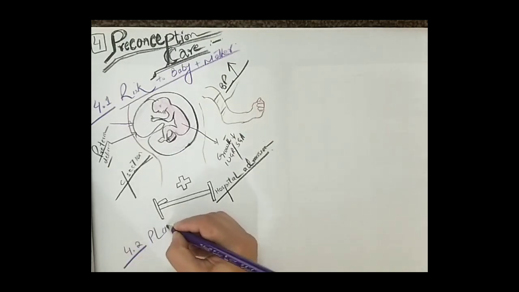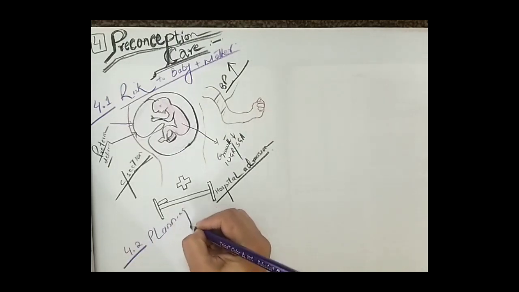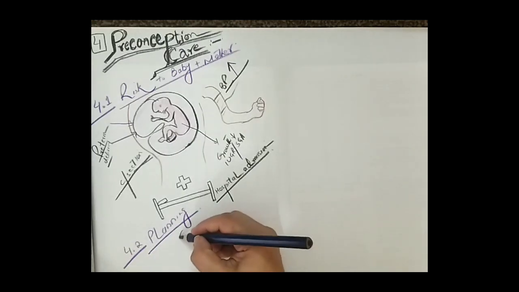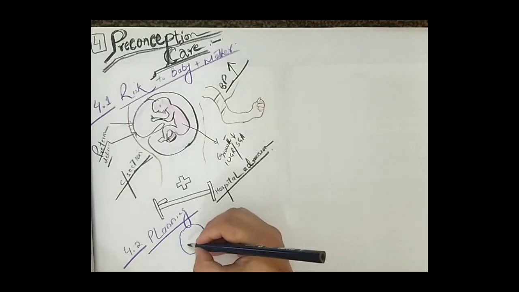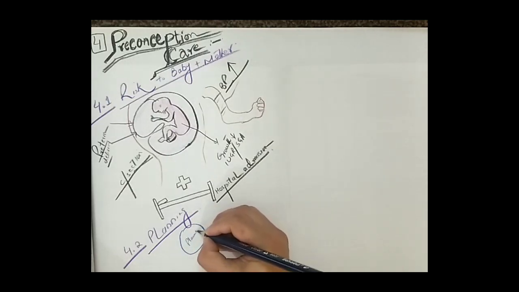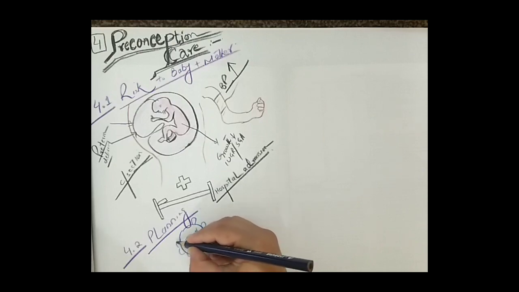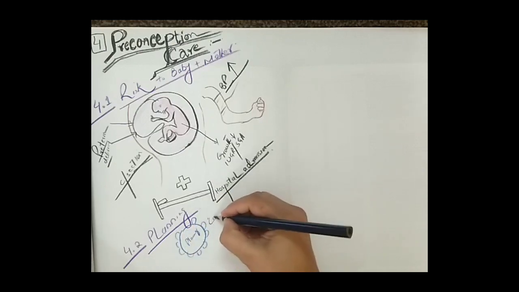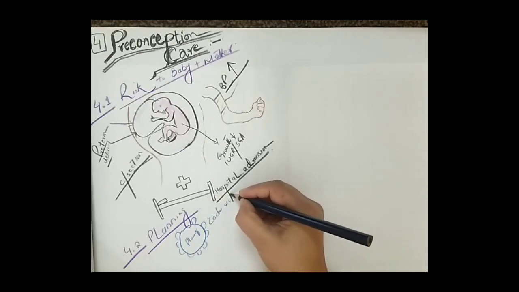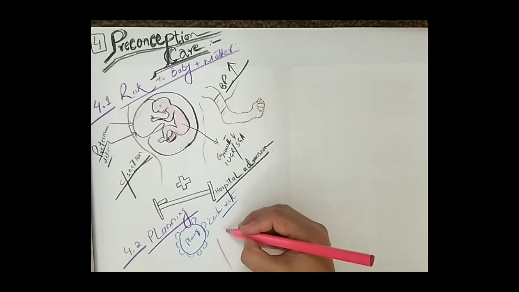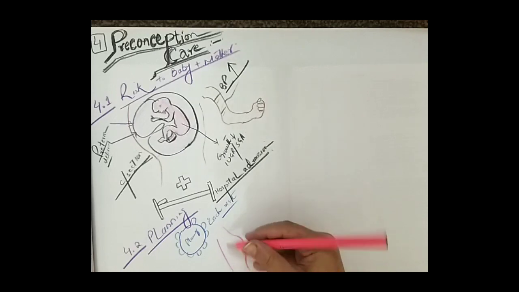Second thing is what is the importance of planning pregnancy and how can the outcome of the woman and the baby be improved. So 4.2 is about the planning of the pregnancy. About this it's written that from adolescence, the intention of the woman with sickle cell disease regarding pregnancy and contraception should be documented at each contact with the sickle cell care team.